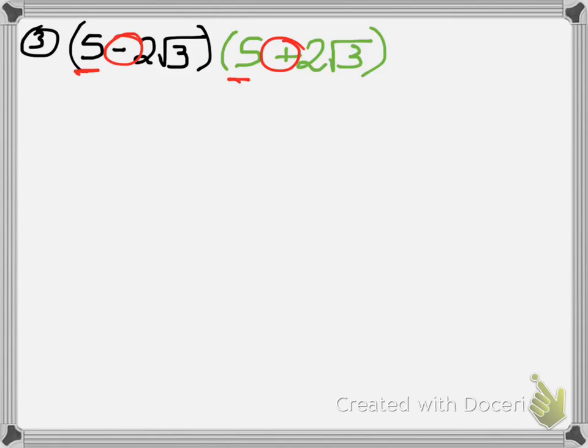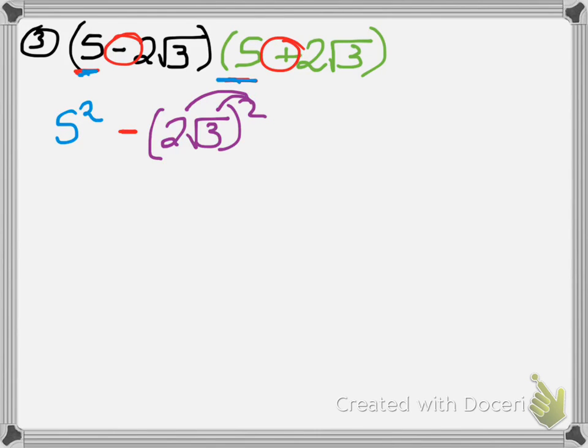So take our first two terms, and we multiply those together, giving us 5 squared minus the last term multiplied together. And so that means we're going to square both pieces inside the parentheses.